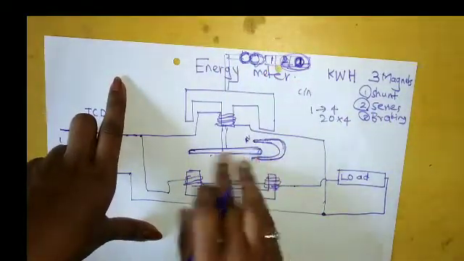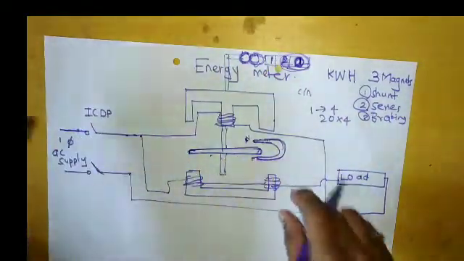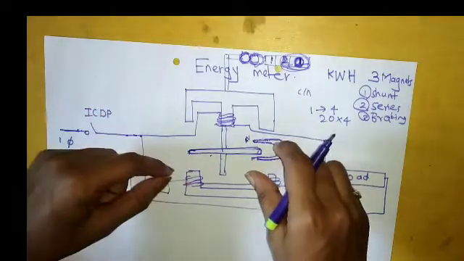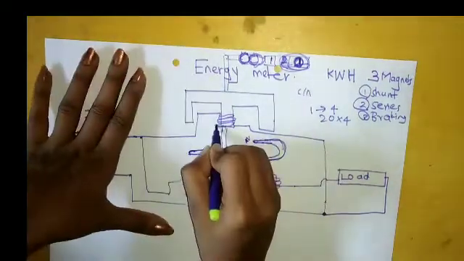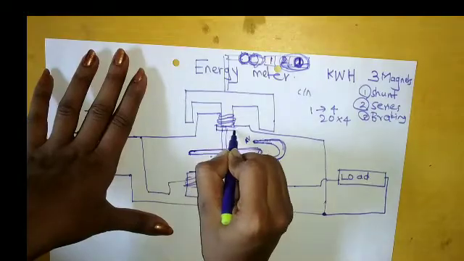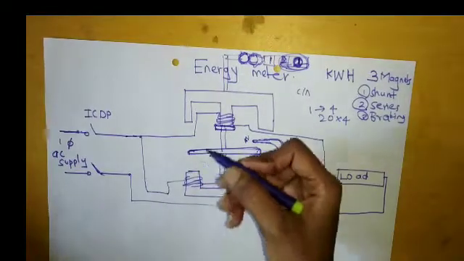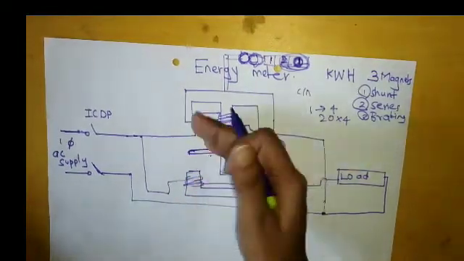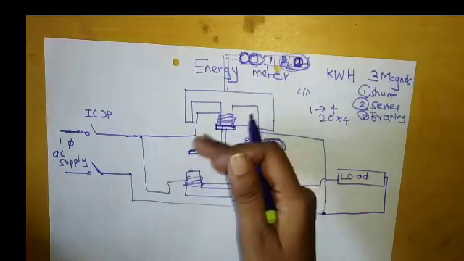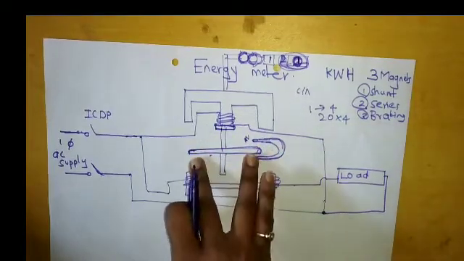Now we have to control this rotation, so we have connected the braking magnet here. Sometimes they connect a copper ring here. Why? To create the phase difference. If there is a phase difference, then flux will be created, and our disc will start to rotate.